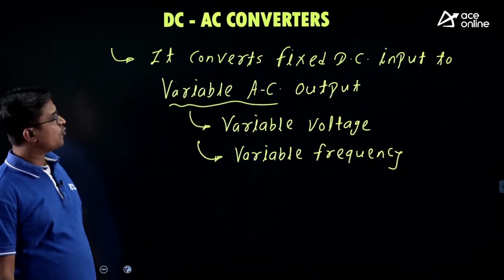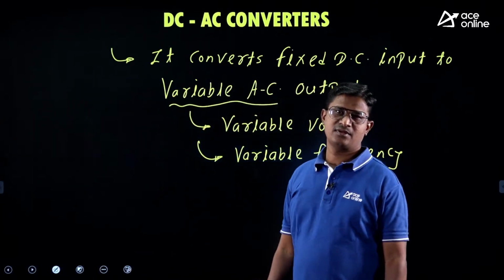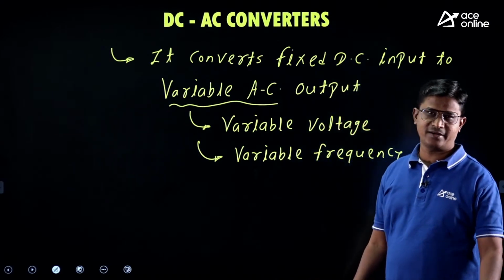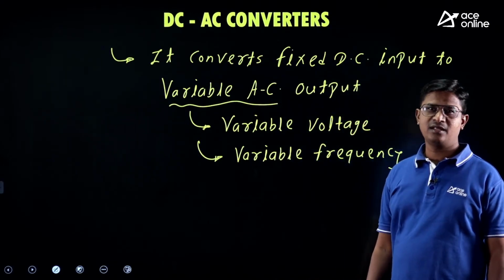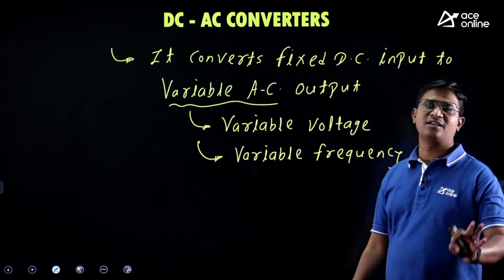What is the expected output from the inverter? Suppose you have gone to the market to purchase an inverter. What are your expectations from that inverter? Let us consider a single phase inverter.